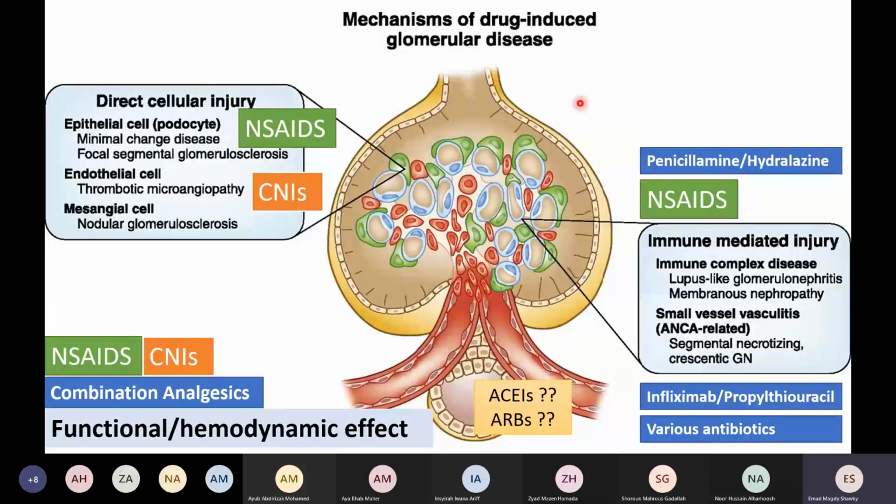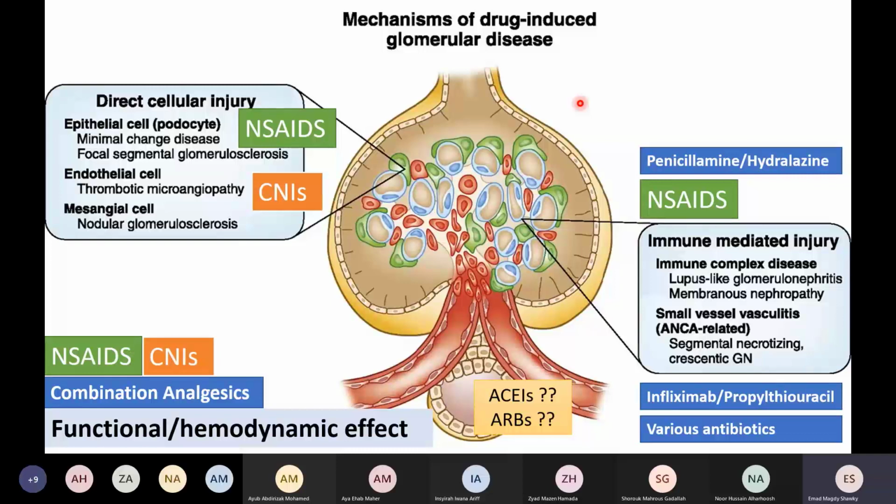So you will not find any kidney disease etiology which has no place for drugs in it. If you revise any topic, you will see in the etiology something called drug induced.